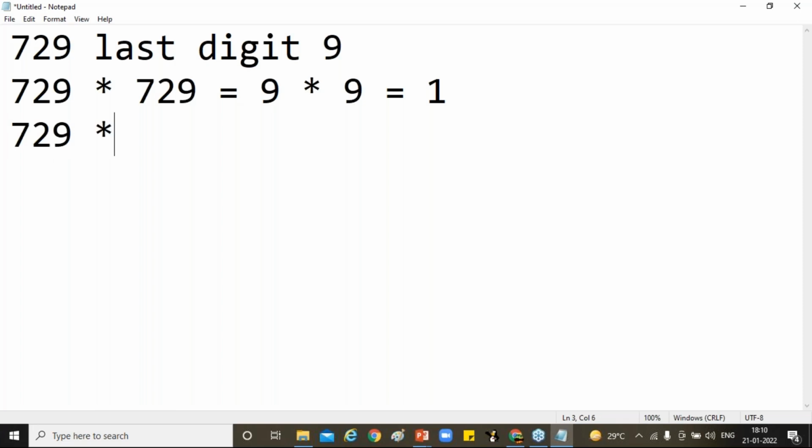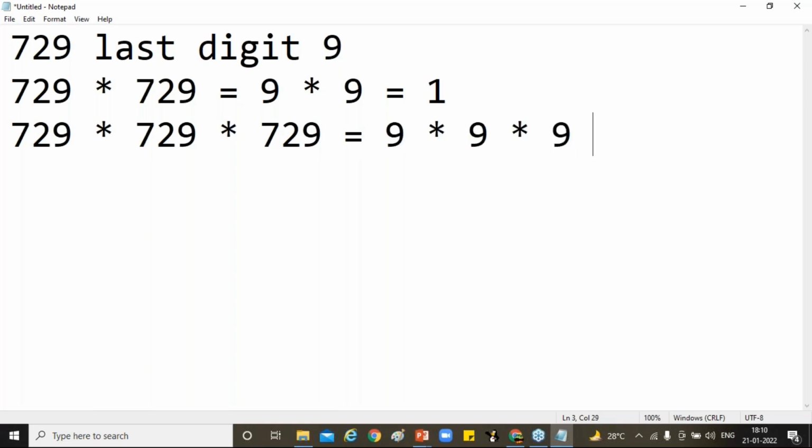729 into 729 into 729. The last digit depends on 9 into 9 into 9. For these 2 digits, 9 into 9, the last digit is 1, into the remaining 9, it is equal to 9 as the last digit.